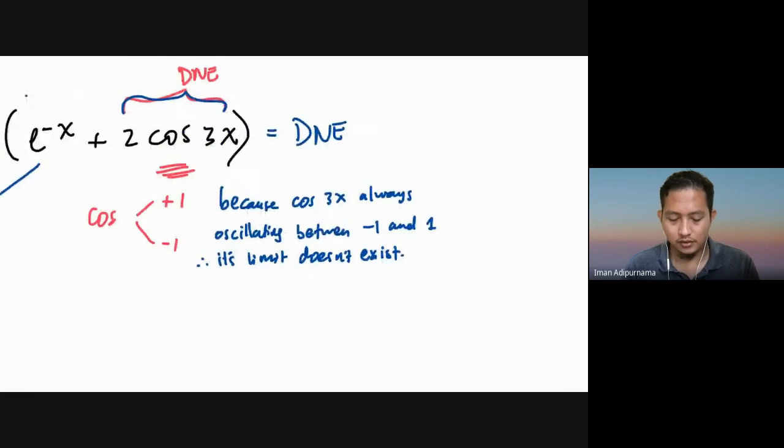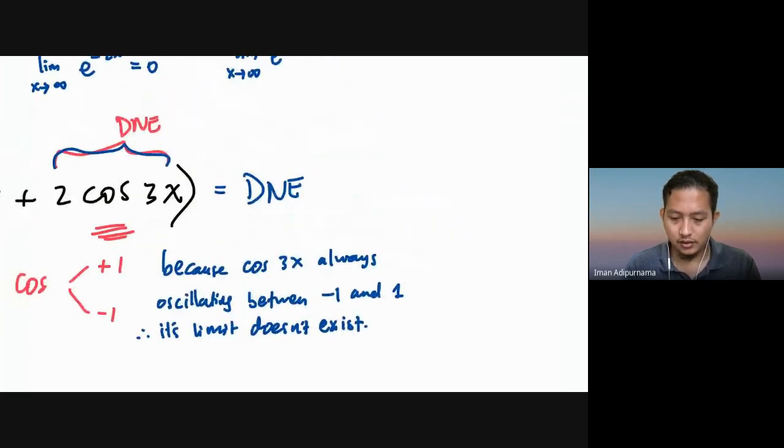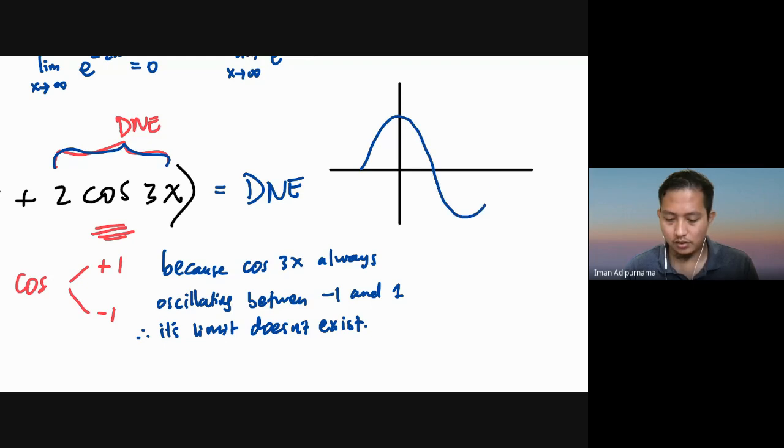The cosine, if you look at the graph, it's always like this, right? Let me just write the 2 cos 3x.